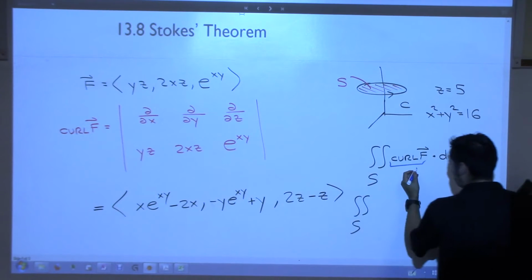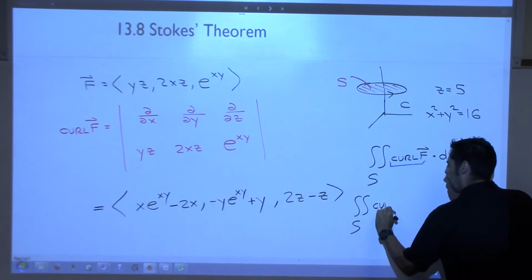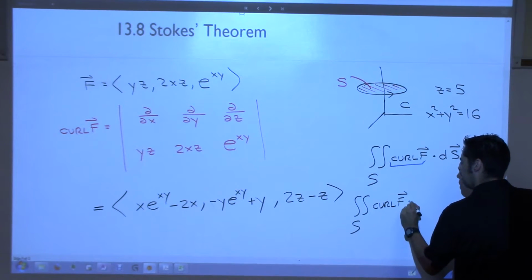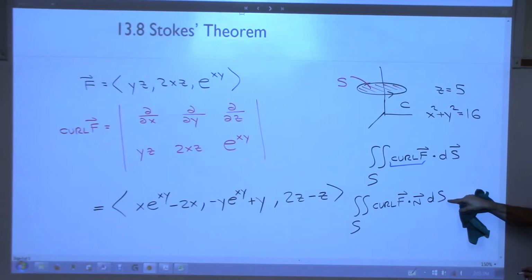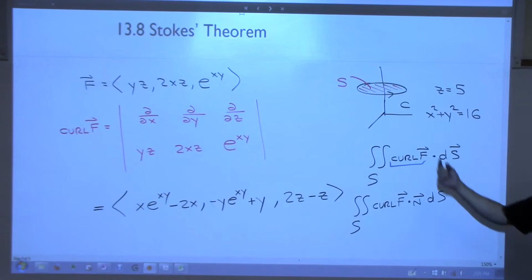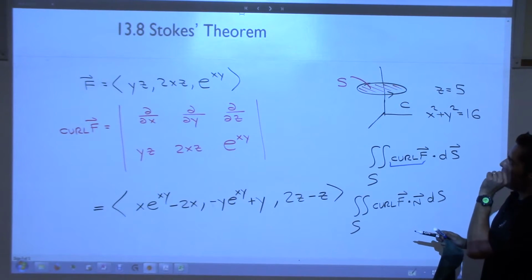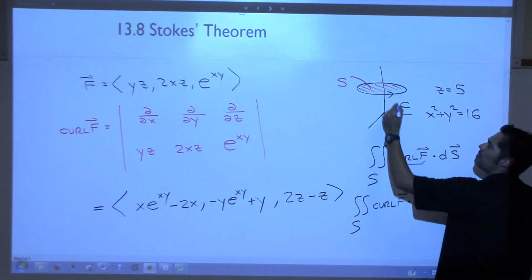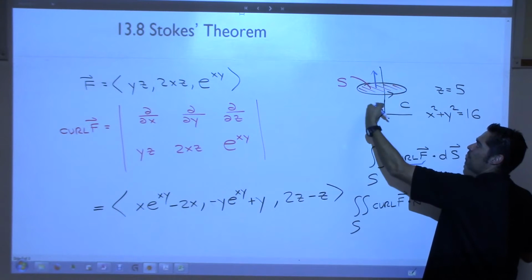So I know that this is the same as the curl of f dot n ds, right? Not s vector, s surface area. And I'm using this because I know s has a nice normal vector. And why am I using the one that's up? Yeah, we're going to do positive orientation, which means as we move around like this, counterclockwise is positive.